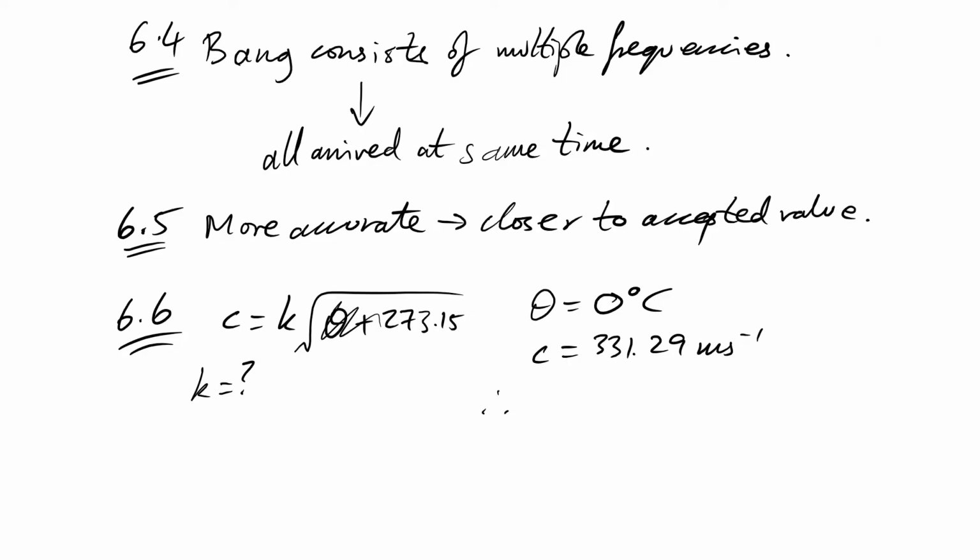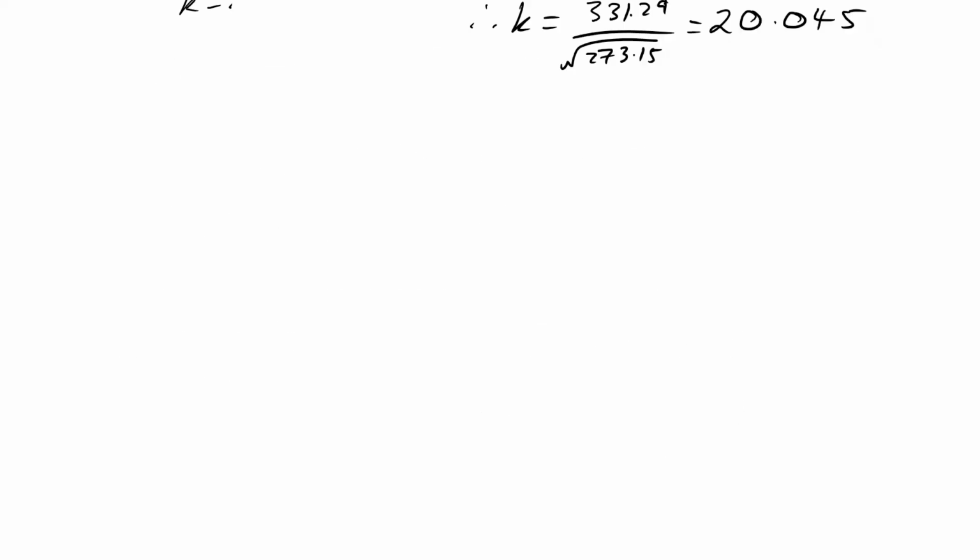Crazy. Therefore, K is equal to that speed divided by the square root of just our Kelvin value for 0 degrees. And that is, well, we need to go to 5 sig figs. So 20.045.